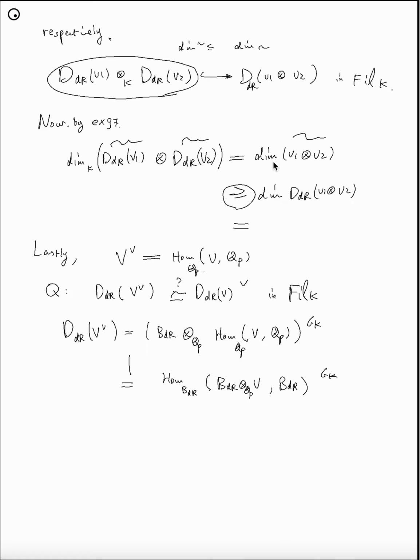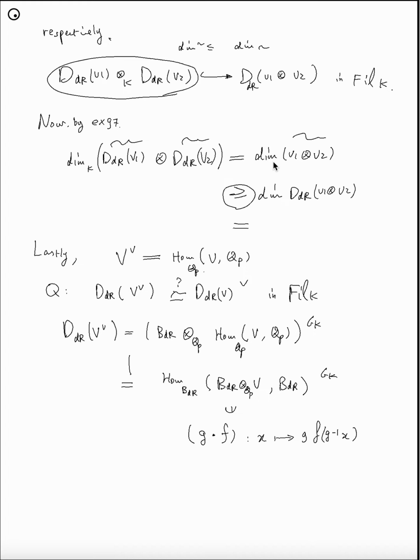And then G_K: recall you take an element f here, and G acts by mapping x to j f j inverse of x, right?